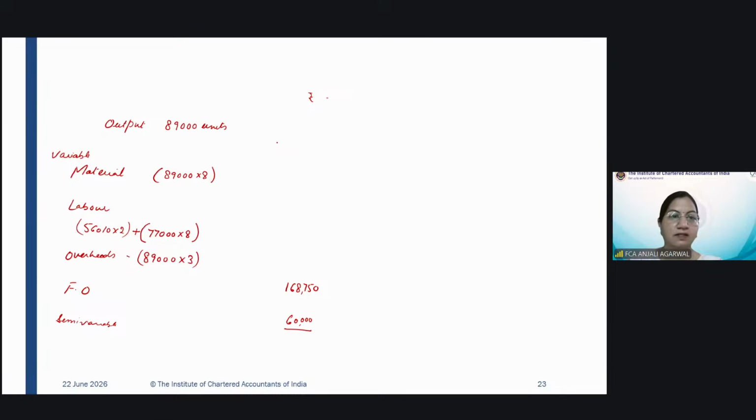So let's calculate this first. Material cost comes out to be 89,000 into 8, 7 lakh 12,000, sorry.